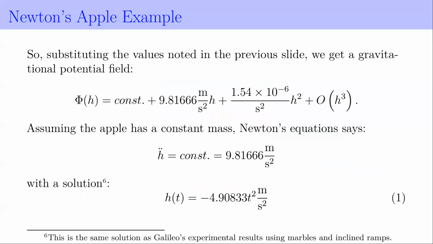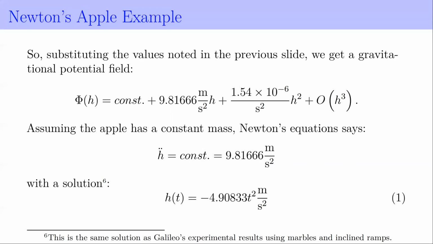If you stick the numbers in, you find that it's a constant plus 9.816, about 9.82 meters per second squared, plus some small terms on the order of 10 to the minus 6.